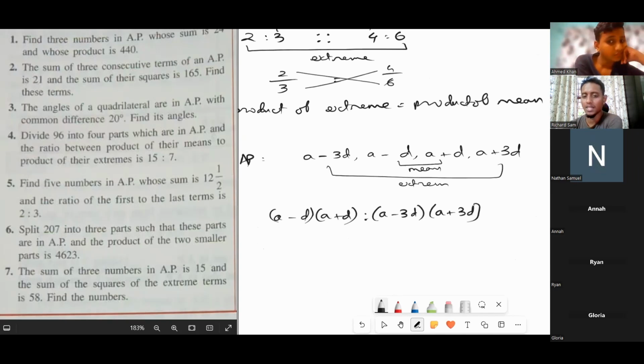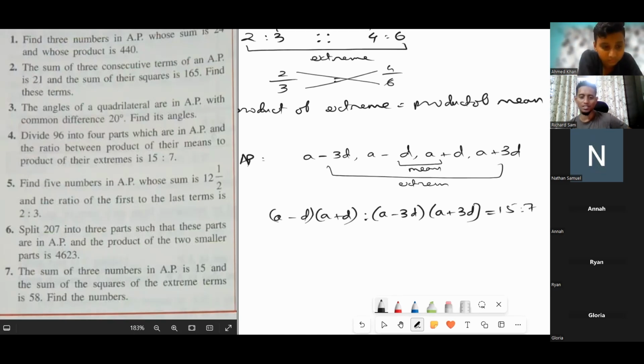Do you understand, everyone? These two are the product of what? The means. And these two are the product of extremes. So this ratio will be equal to 15:7. So this is your second equation.